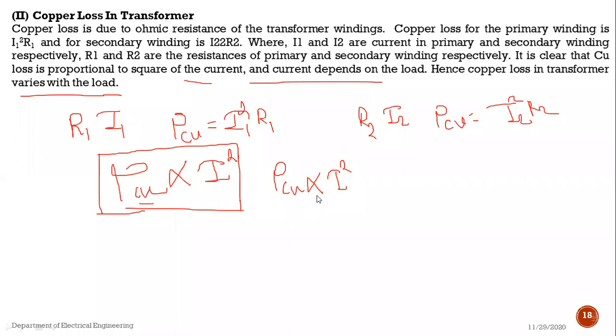Iron loss is called constant loss. Copper loss is variable loss because it varies with the load. And the core losses, or constant losses, depend upon the magnetic properties of the material used in construction.